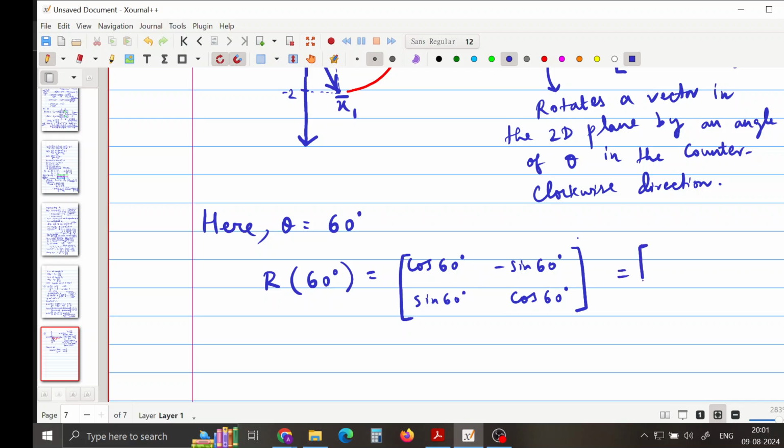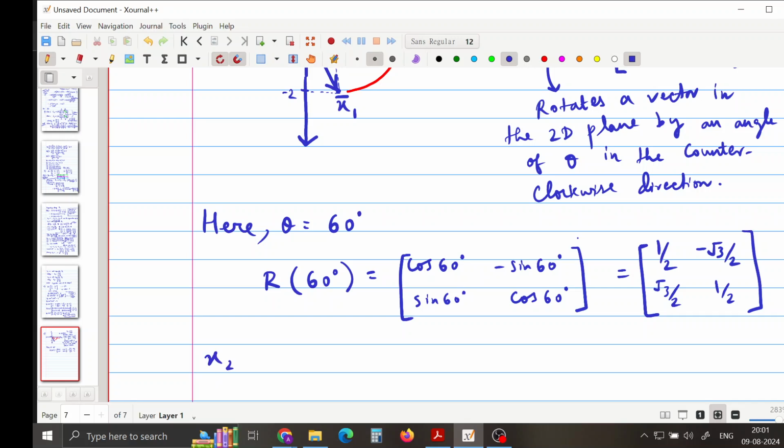And this is nothing but, cos 60 is half, sine 60 is root 3 by 2.